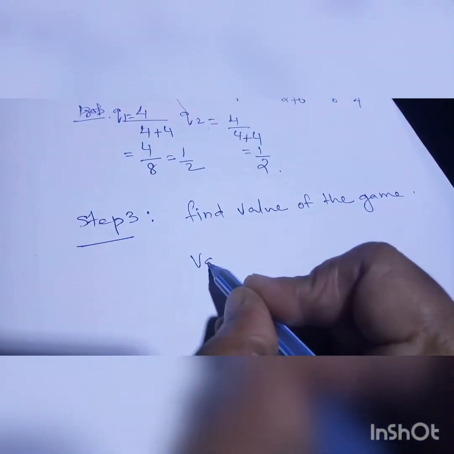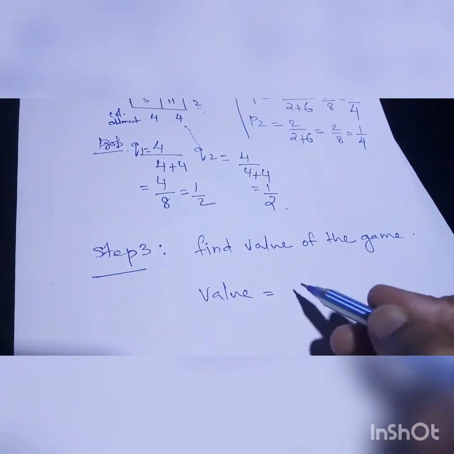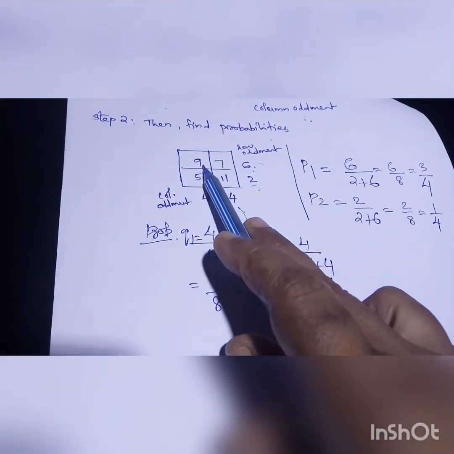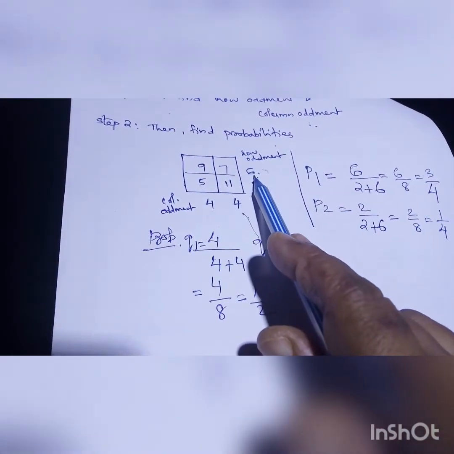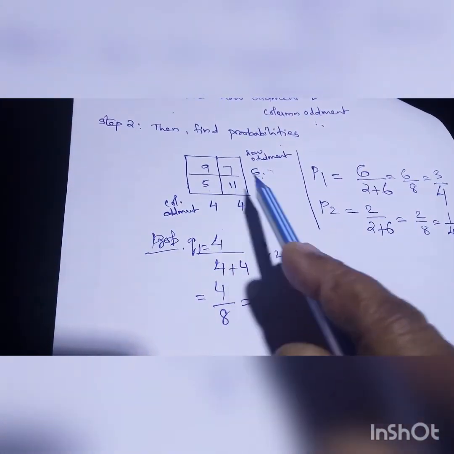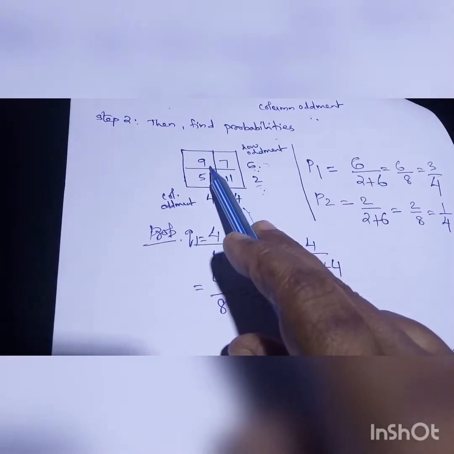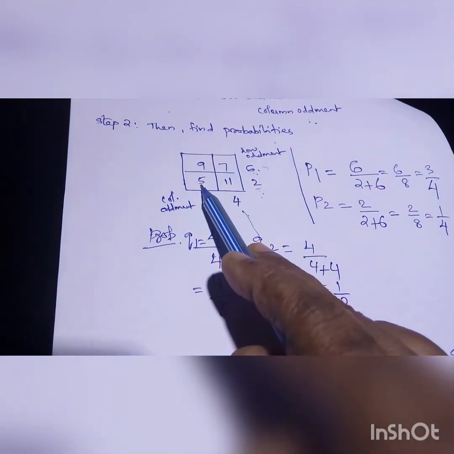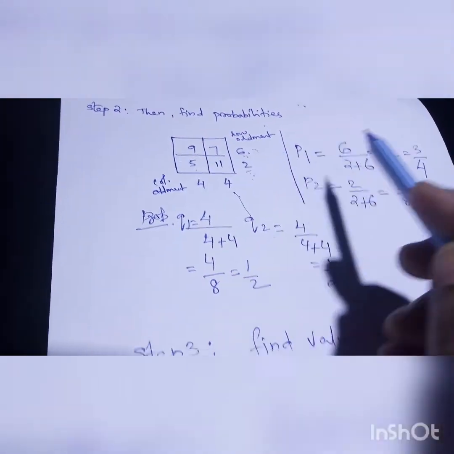For finding the value of the game, you have to take 9 into 6 plus 5 into 2 by 6 plus 2. That is the first row, first value into the oddment, plus the second column value into the oddment, divided by the sum of these two.